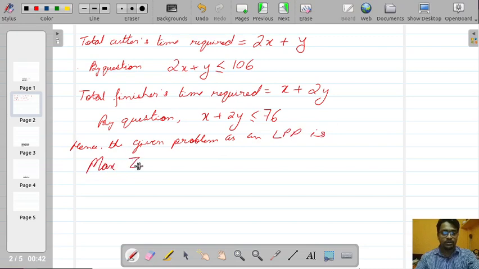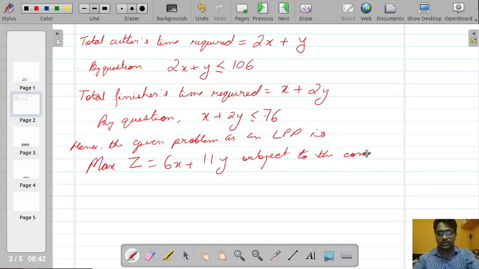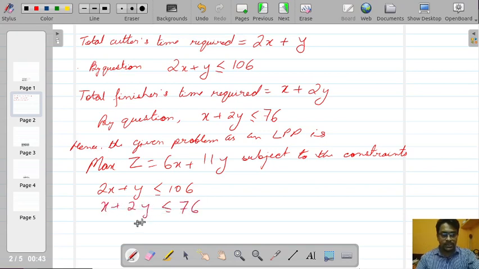We write it this way: maximize z equal to 6x plus 11y subject to the constraints twice x plus y less than or equal to 106, then x plus twice y less than or equal to 76, and x, y greater than or equal to 0. Okay, so the last constraint is the non-negativity constraint and it should always be placed.